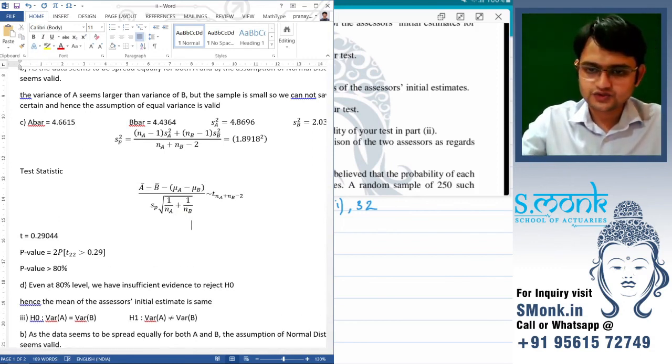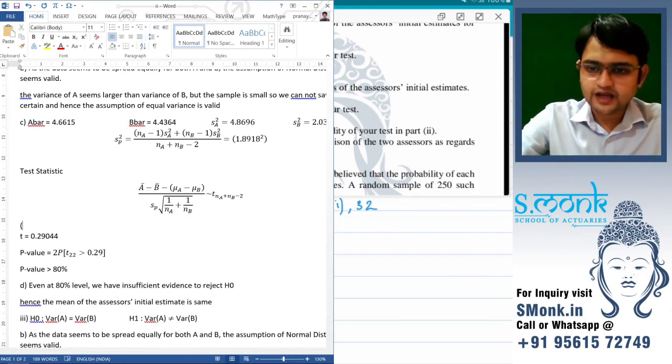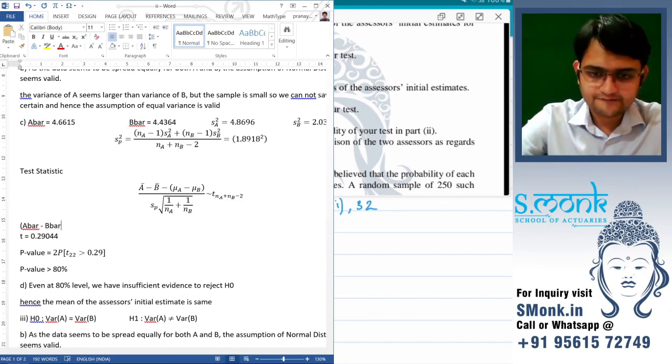I'll show you. I would have said bracket for my numerator, a bar minus b bar, bracket, minus another bracket, mu a minus mu b.